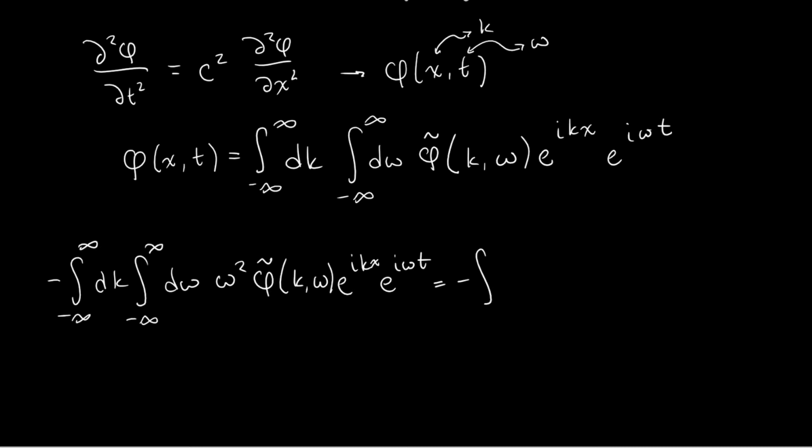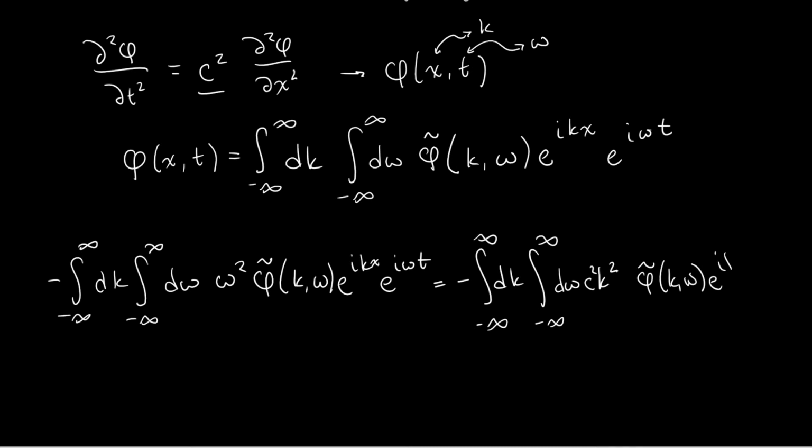And this is minus a very similar thing: c squared k squared, phi tilde of k, omega, and then my exponentials, e to the i omega t.